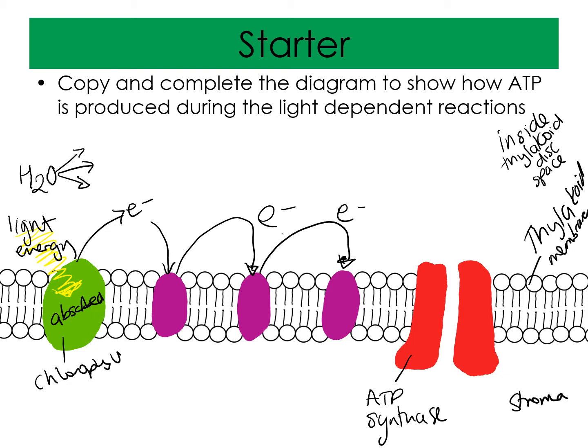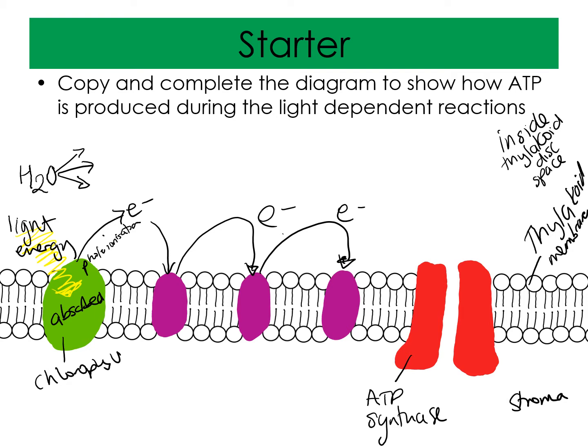Okay, but the name of that process when light energy is absorbed by the chlorophyll and it loses excited electrons is photoionization. So you may have annotated there, see whether I can fit it in, photoionization, okay, which is of course the key word you want to have in there to describe that process.